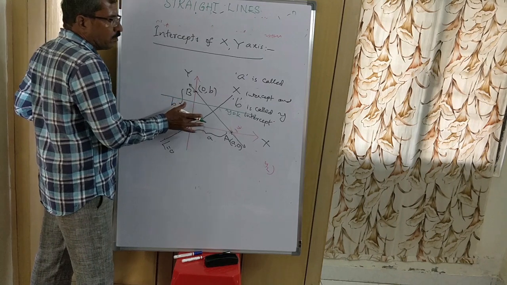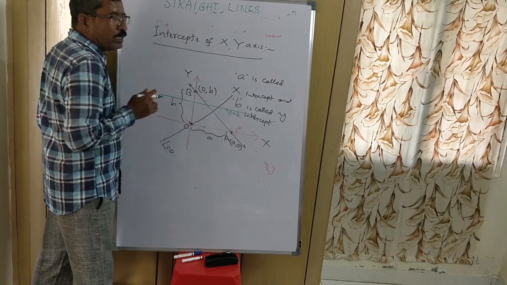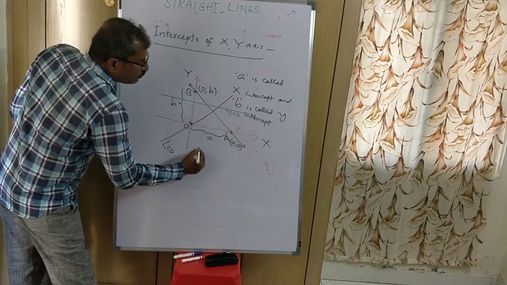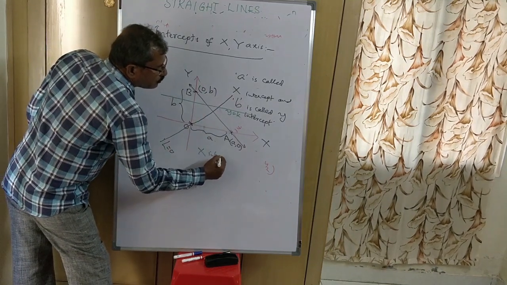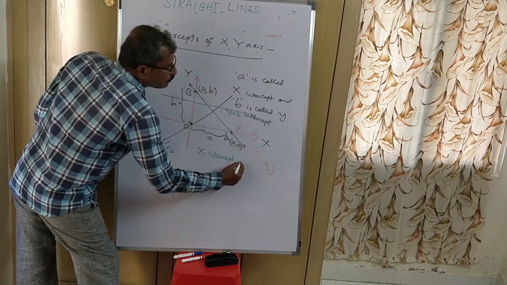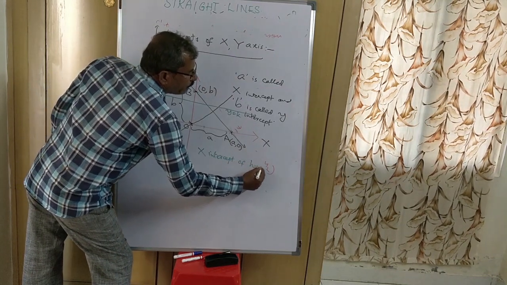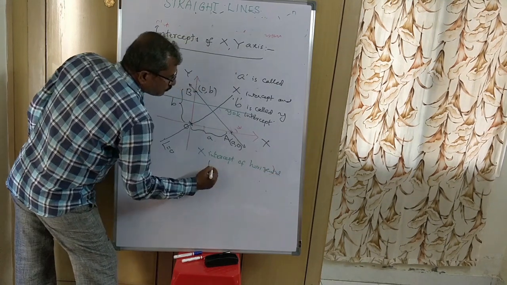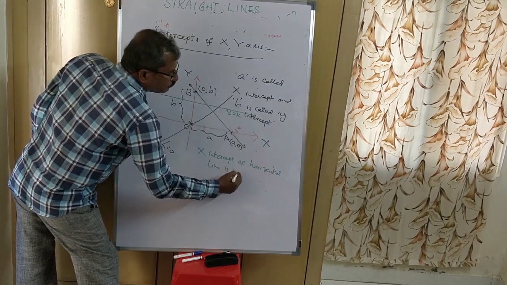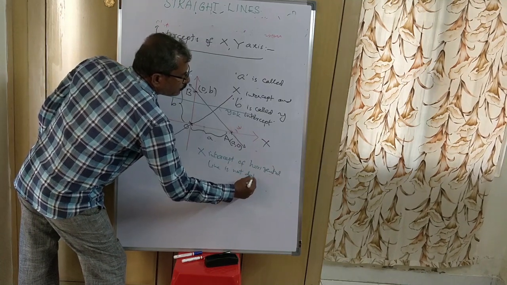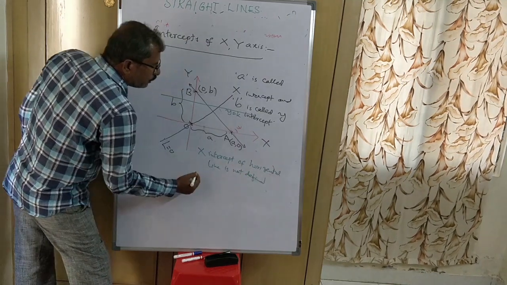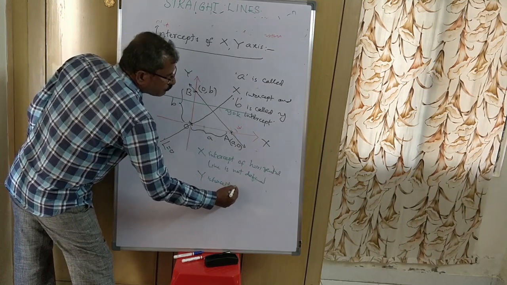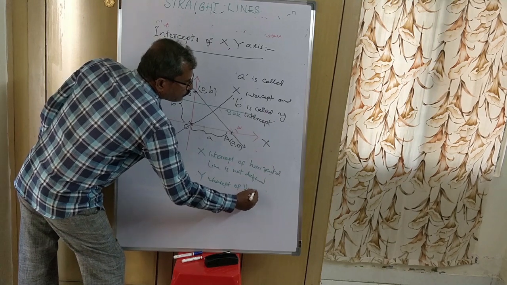So the x-intercept of a horizontal line is not defined. Like that, the y-intercept of a vertical line is not defined.